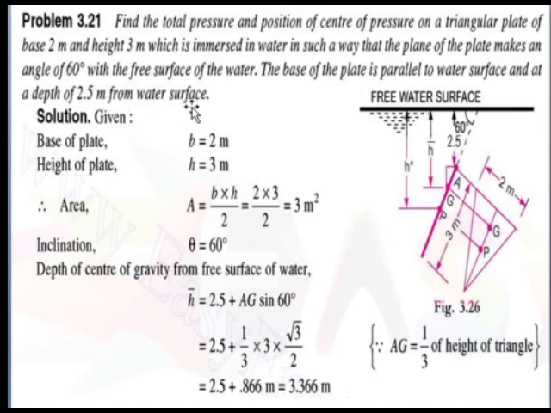Here the plate is of triangular shape having a base of 2 meter and height of 3 meter. It is making an angle of 60 degree with the free surface of water. The base of the plate is parallel to the water surface, and it is at the depth of 2.5 meter.